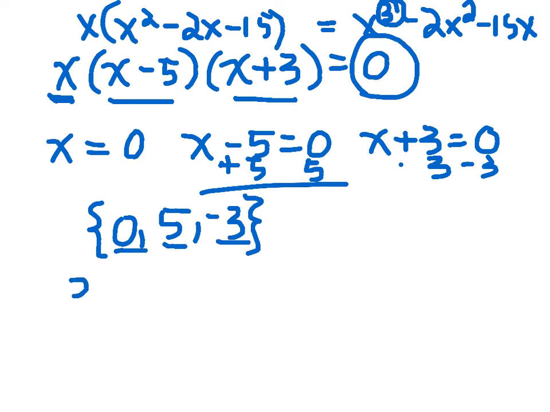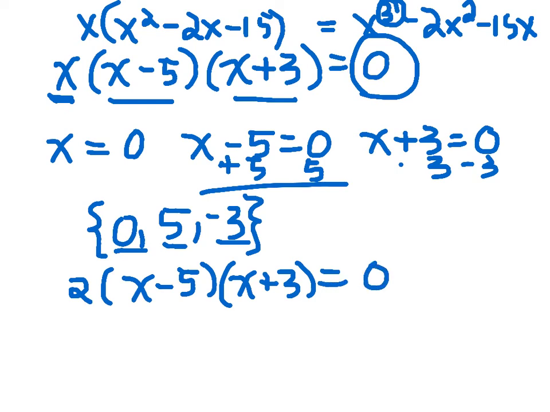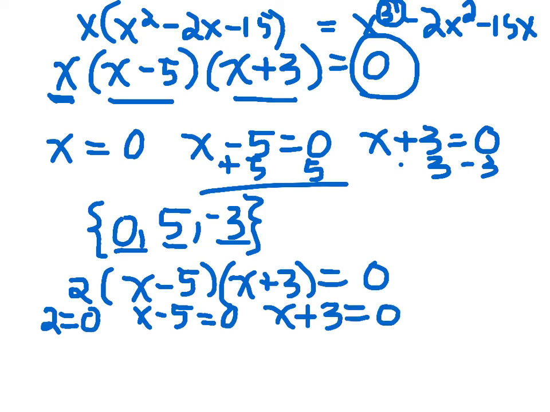Also, if this had been 2 times x minus 5 times x plus 3 is equal to 0, then either 2 is 0, x minus 5 is 0, or x plus 3 is 0. Well, since 2 can't ever be 0, there are still just 2 solutions.